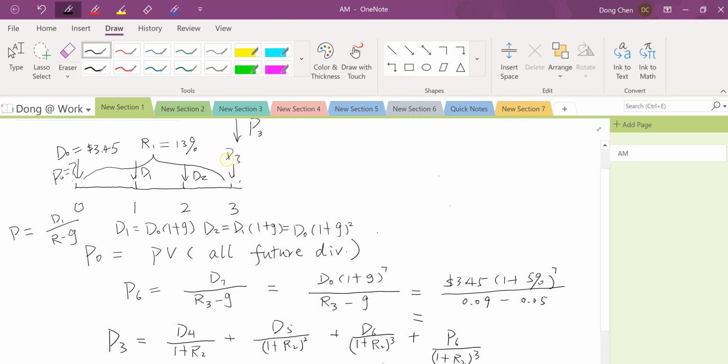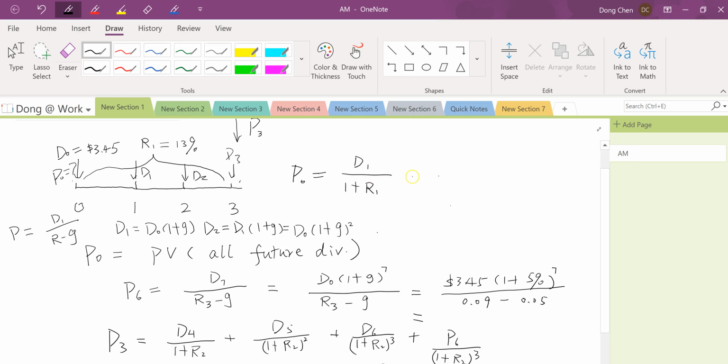So for P0, let me write it down here. Now you see the advantage of erasing: I can write on these blanks. P0 equals D1 divided by, now I need to discount at R1.